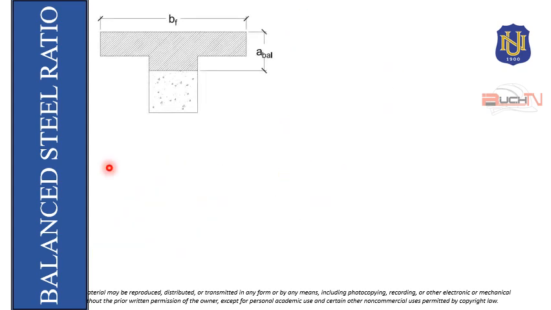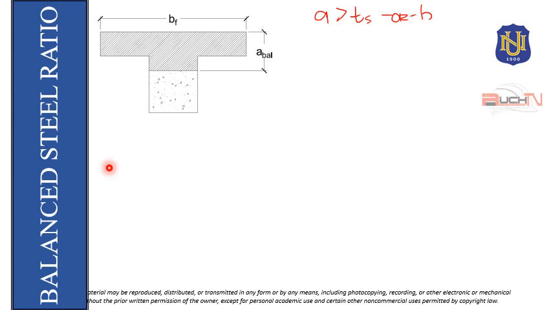The condition naman na na-prove natin that kailangan natin siyang i-analyze as a T-beam. So, ibig sabihin, yung actual value ng A is greater than the thickness of slab or H. So, ibig sabihin, kailangan din natin kunin yung balance steel ratio coming from a T-beam as well. So, pwede nating gamitin yung dalawang method.